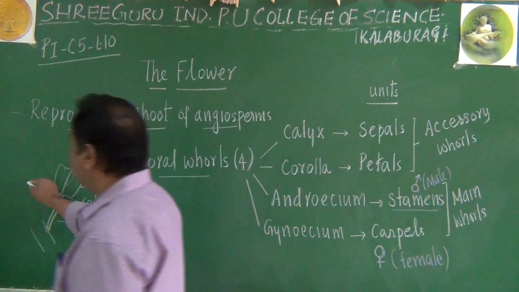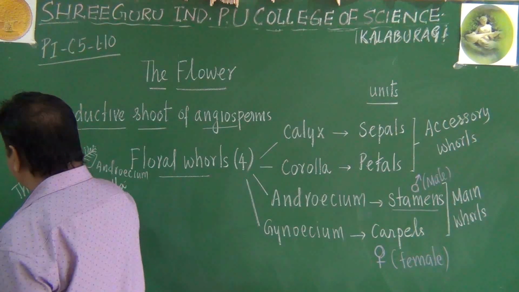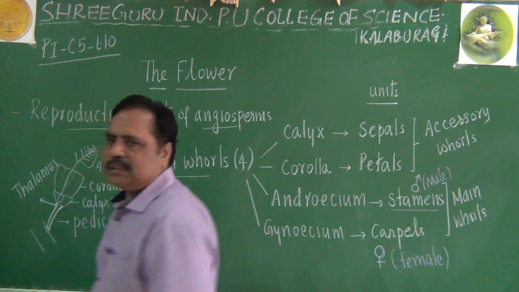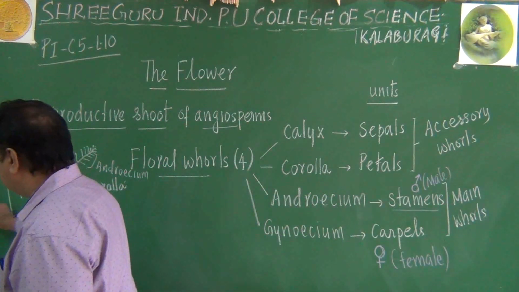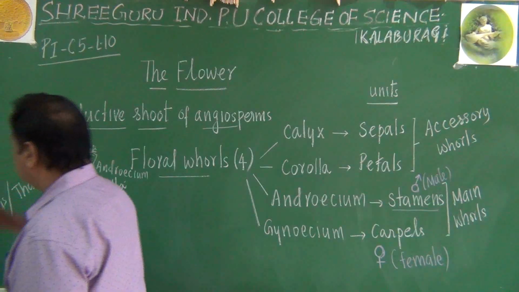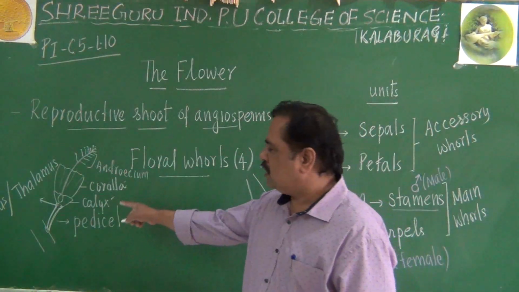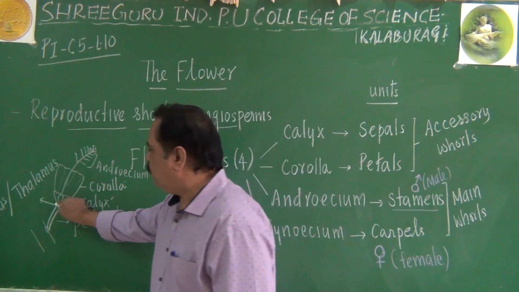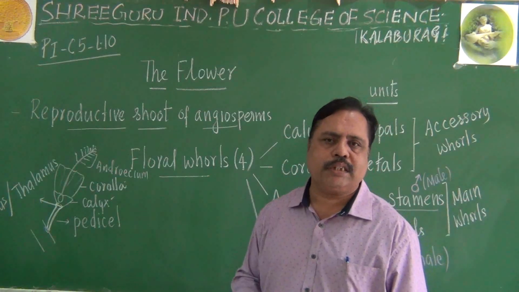That tip of the pedicel is called thalamus. Remember this point. It is called thalamus, or otherwise it can be called a torus also. So what is the torus or thalamus? Torus or thalamus refers to the tip of the pedicel. Remember, what is the pedicel?